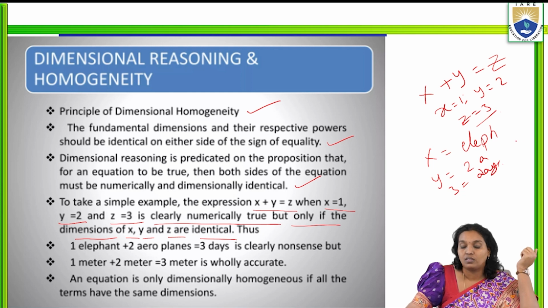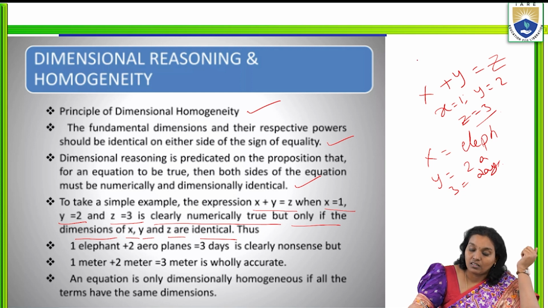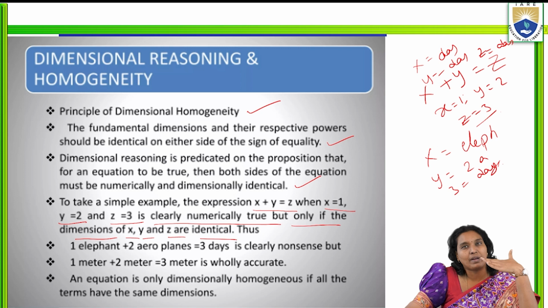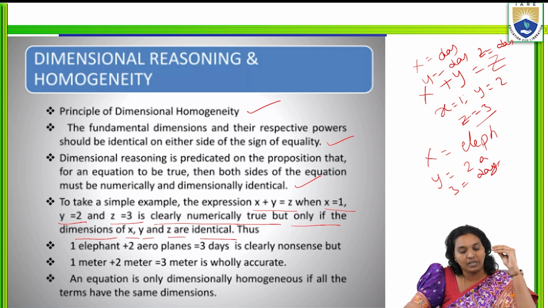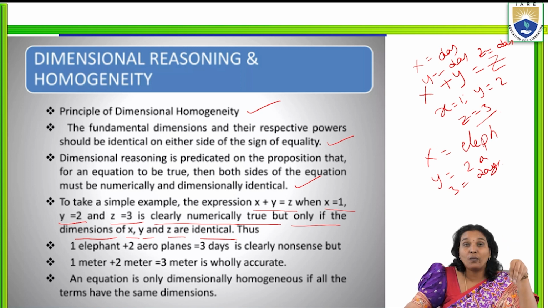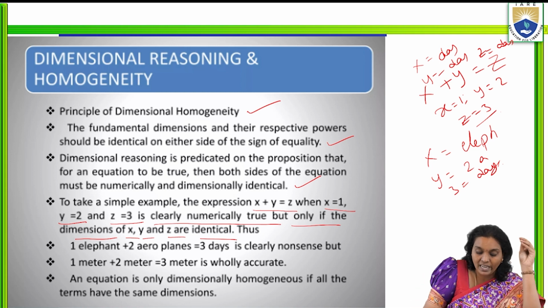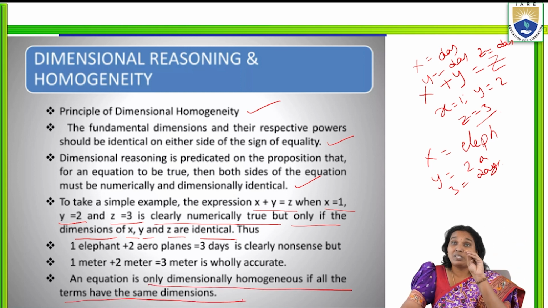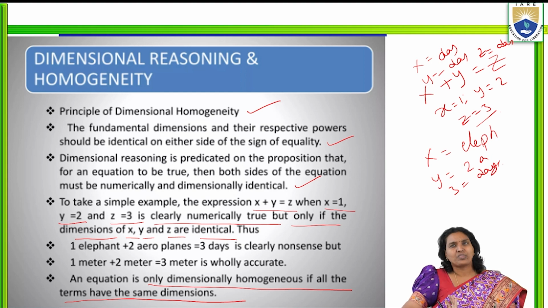No. But if x is in days, y is in days, z is in days, only then is the equation right. So like that we have to understand the dimensional units. The equation must be dimensionally homogeneous, with terms having the same dimensions. Like that we have to understand dimensional analysis.